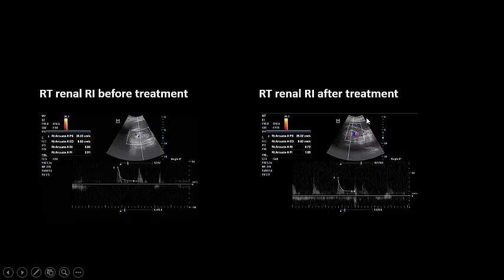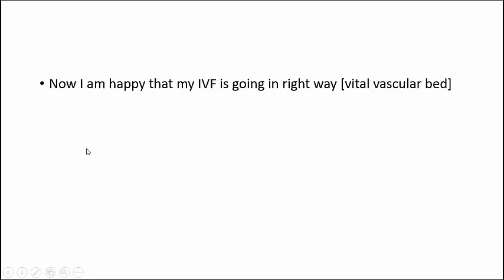This situation in the right kidney. Here you see after treatment it's 0.72, and before treatment it was 0.8. Now I'm happy that my IV fluid is going in the right way to the vital vascular bed.